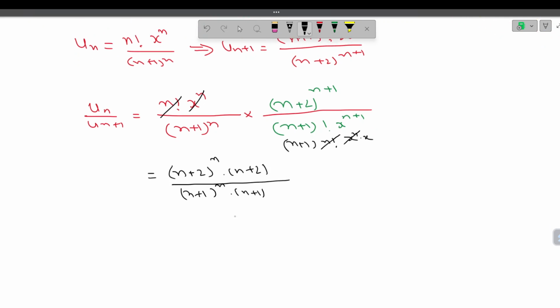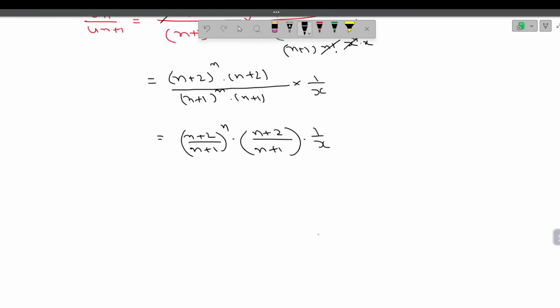Okay. And one more thing we are forgetting, 1 by x is also there. So this will come as n plus 2 by n plus 1 whole to the power of n into n plus 2 by n plus 1 into 1 by x.